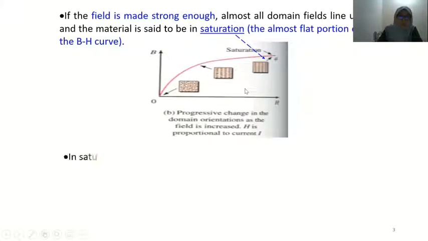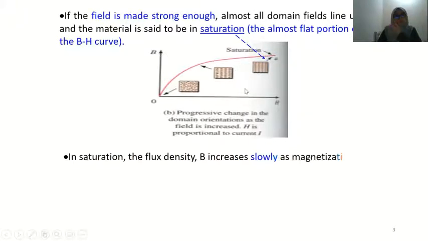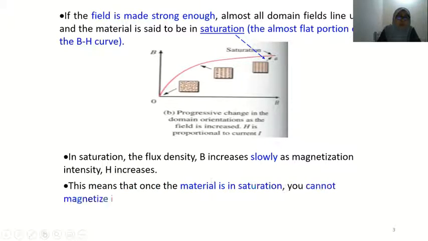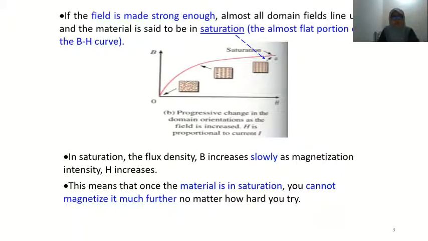In saturation, the flux density B increases slowly as the magnetization intensity H increases. This means that once the material is in saturation, you cannot magnetize it much further, no matter how hard you try. The saturation value depends on the material used for the magnetization circuit.